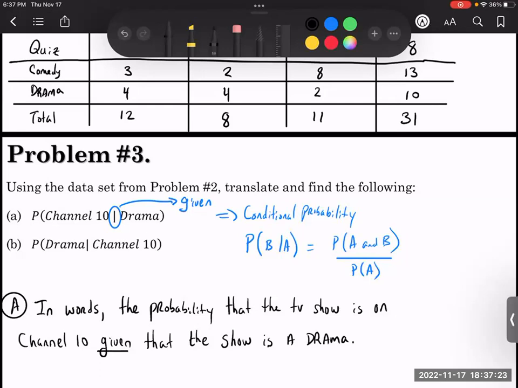When you look at that sentence now, you have to think about what event happened first. Is it that the TV show is on channel 10, or is it that the show is a drama?